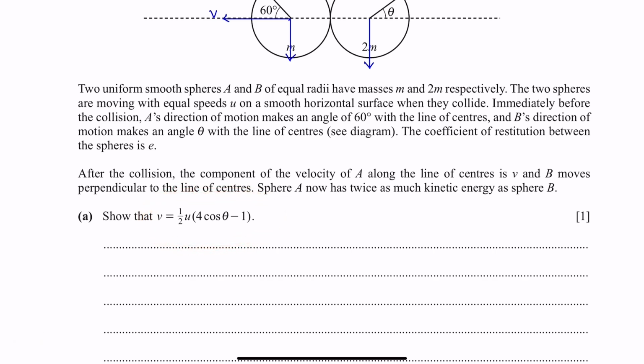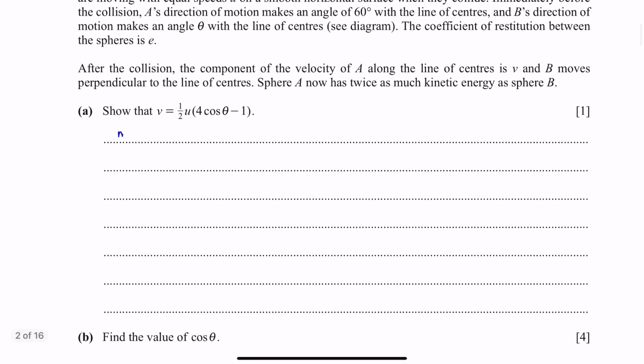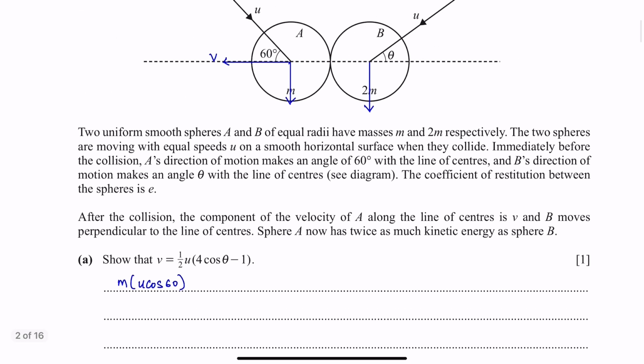So we can use the momentum. So the initial momentum is mass times the initial speed. For now, we are just considering the momentum along the line, so the horizontal component of the momentum, because the vertical momentum doesn't change after the collision.